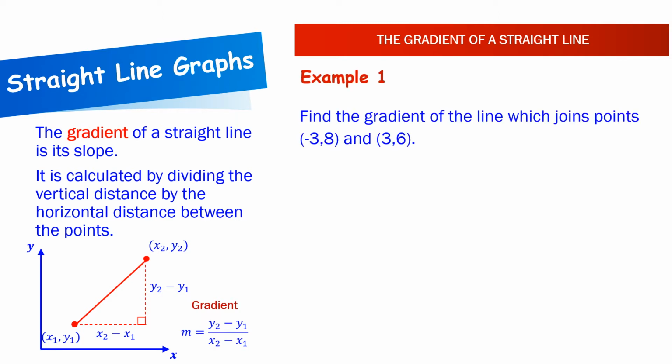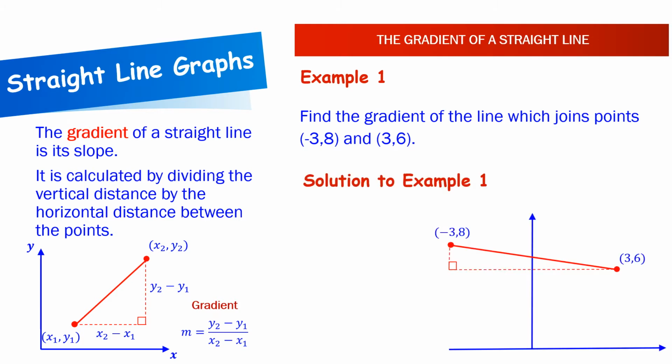Let's take a look at an example. Find the gradient of the line which joins the points minus 3, 8 and 3, 6. We can draw a sketch of this just to give us an idea of what is happening if we need some clarity.